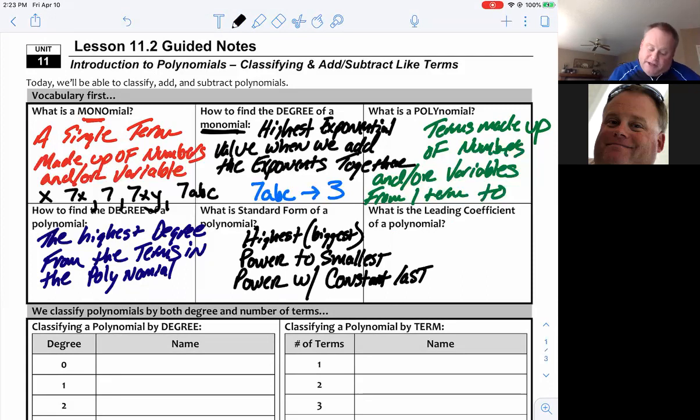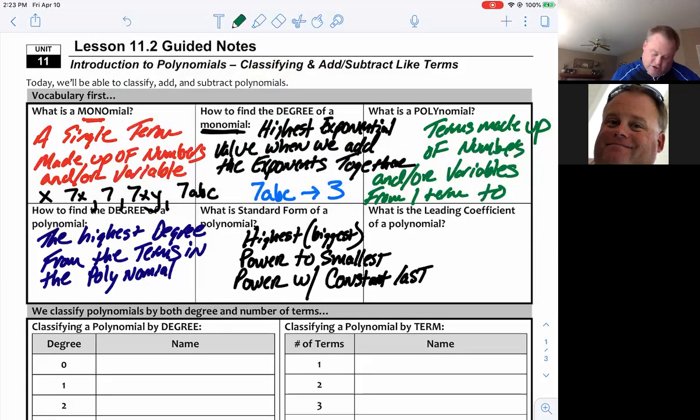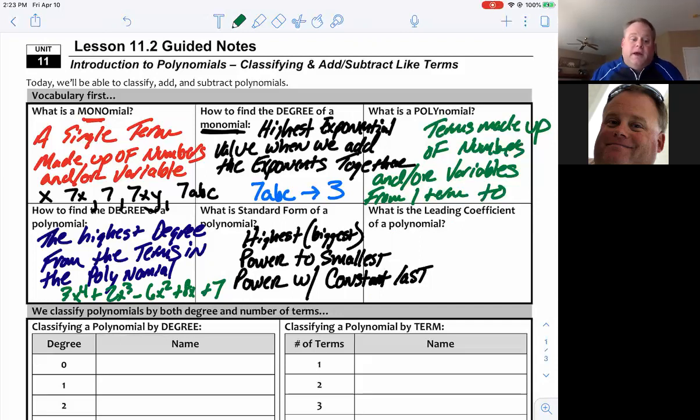And in that example I just did, 3x to the fourth plus 2x to the third minus 6x squared plus 8x plus 7, that is in standard form. And I know it's in standard form because it goes from the highest power to the lowest power.